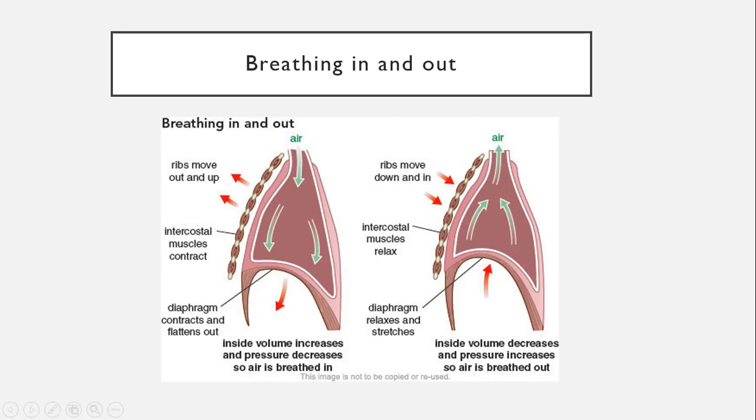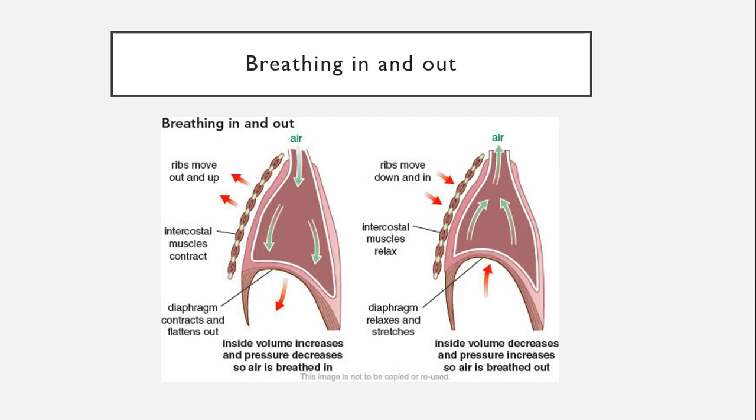So for lungs to take so much oxygen and not to be disturbed by any other muscles or bones, this dome shape should go down. So it is a muscle. When it moves, it contracts. So in breathing in, the diaphragm contracts moving down and the intercostal muscles also contract.